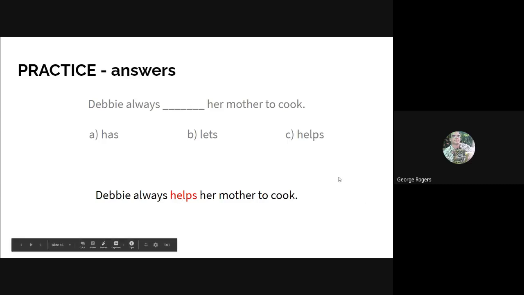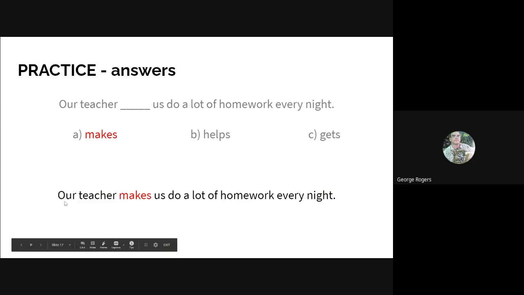Let's look at number 3. Our teacher makes us do a lot of homework every night. So again, do was the base verb. We don't have a "to" in front of it, so it eliminated this one. Okay? Help, help goes both ways.